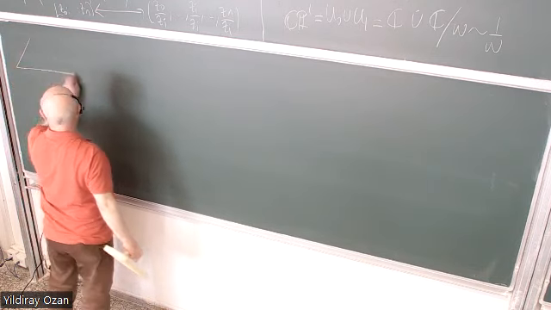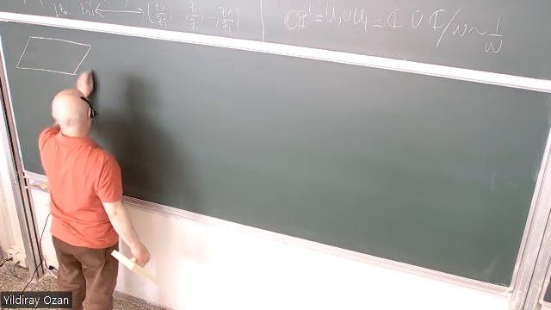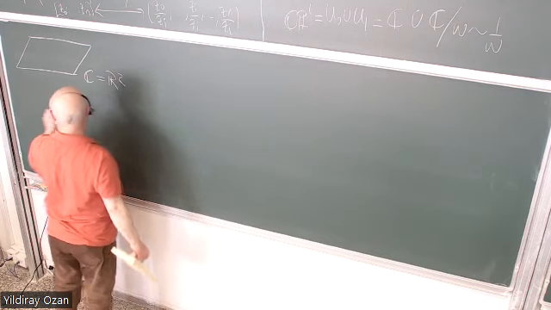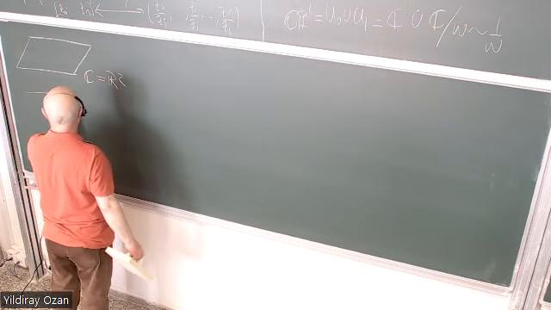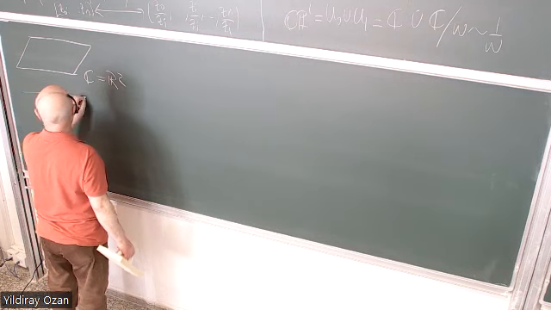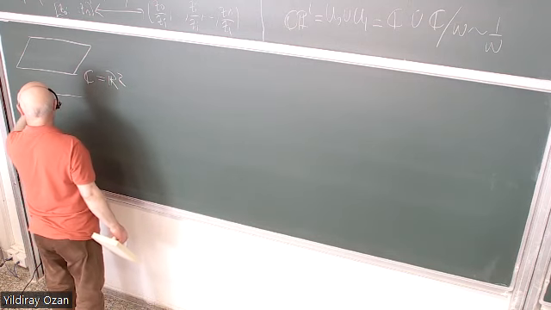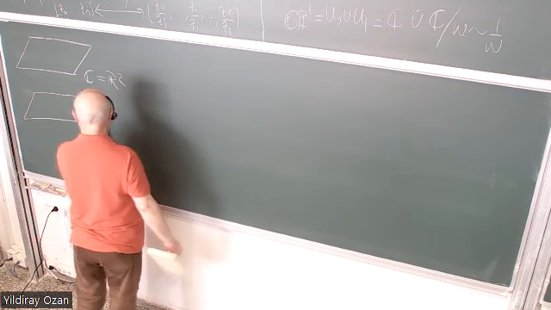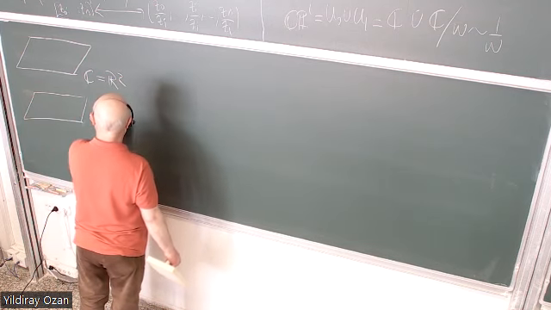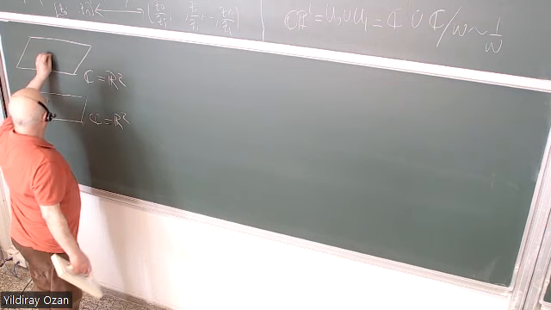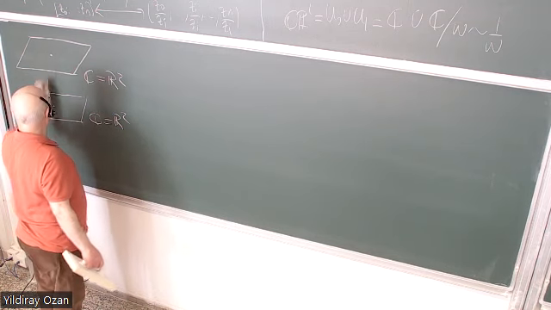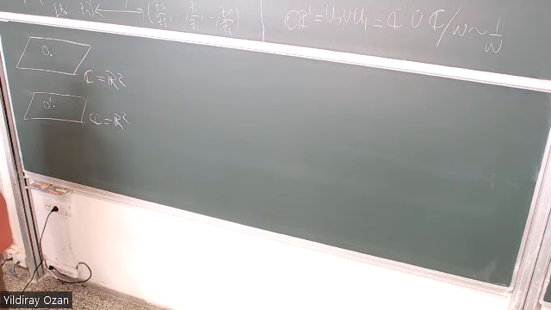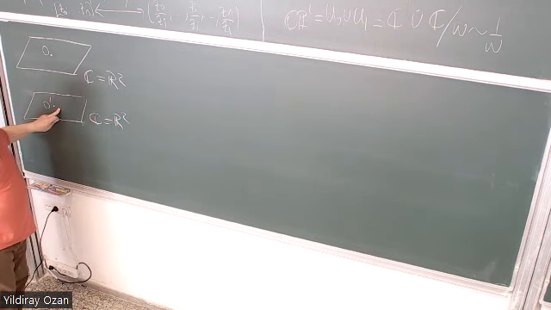Each complex line, I am sorry, is actually R2. And you identify all the points except the origins.